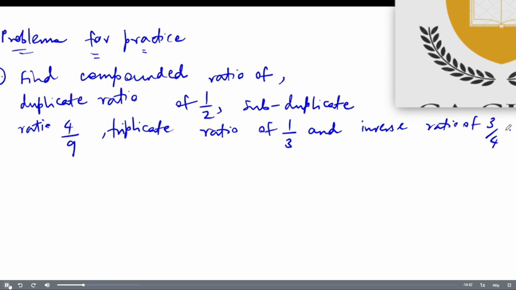Find the compounded ratio of duplicate ratio of 1 by 2, subduplicate ratio of 4 by 9, triplicate ratio of 1 by 3, and the inverse of 3 by 4. Let us see the solution.